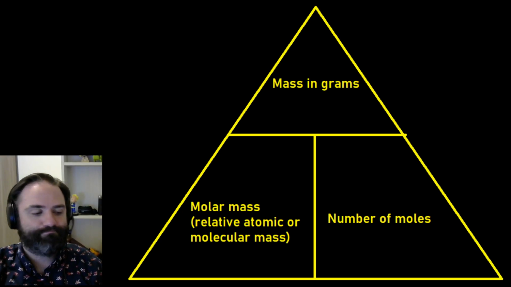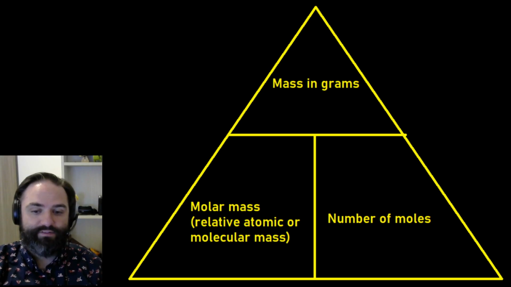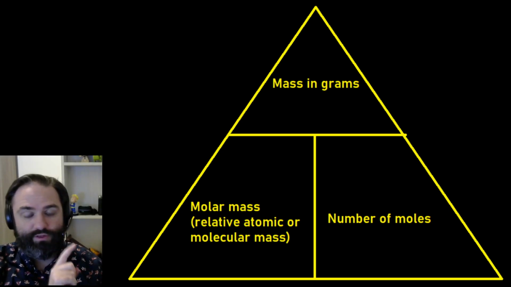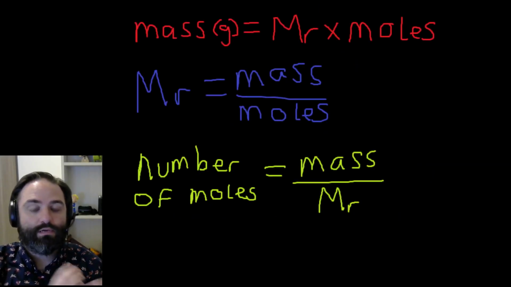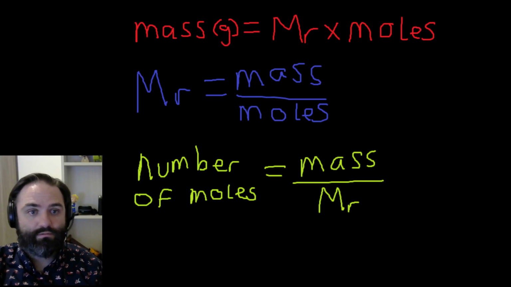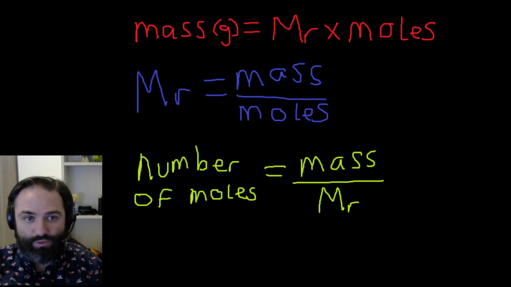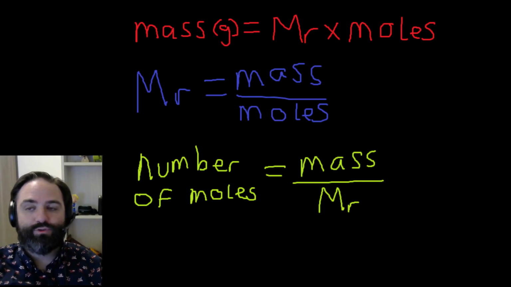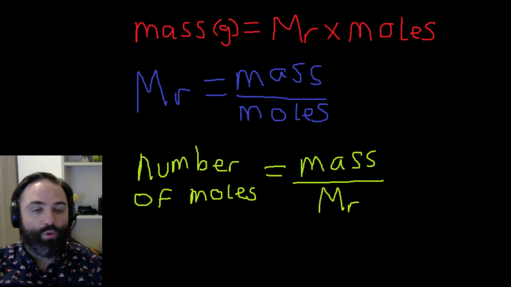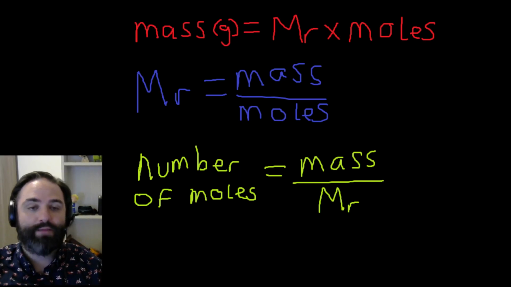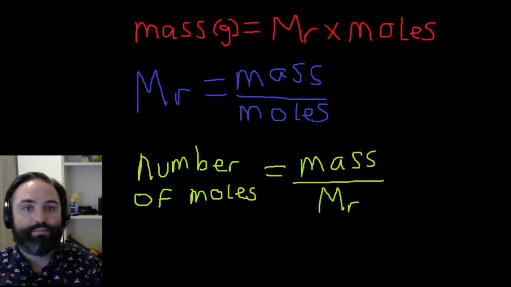They're just numbers. So if we use this triangle here, then we can say that here are the 3 different calculations you need. Extrapolate it from that triangle, and depending on what you're trying to find out, you use a different calculation. So if you want to find the mass in grams, so the actual physical mass that you would weigh, then that is going to be the number of moles multiplied by the relative molecular mass.